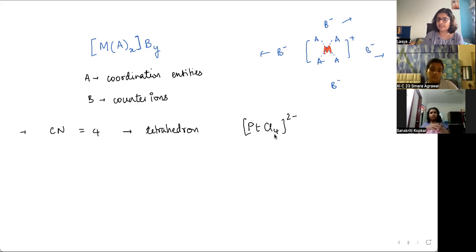You look at how many species or how many bonds the metal atom has. In this case, platinum is connected to 4 chloride ions. So the coordination number is 4, and that's why this particular complex will have a tetrahedral shape. A tetrahedral structure. Okay.